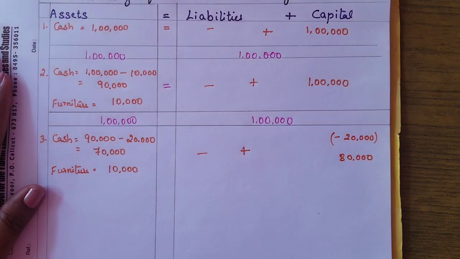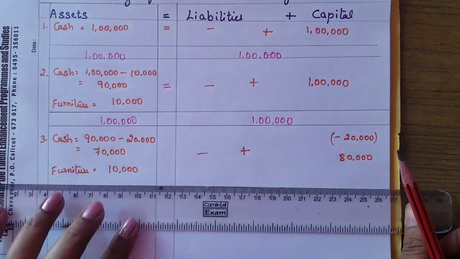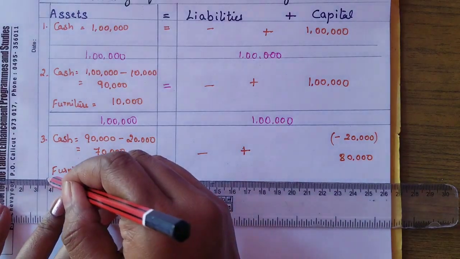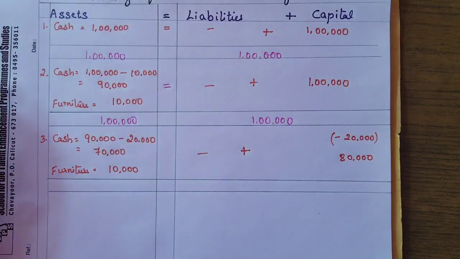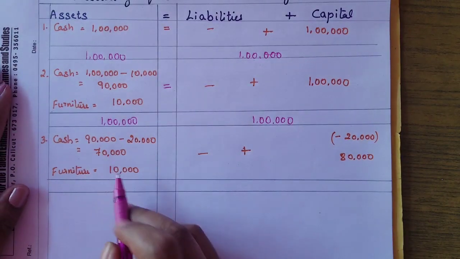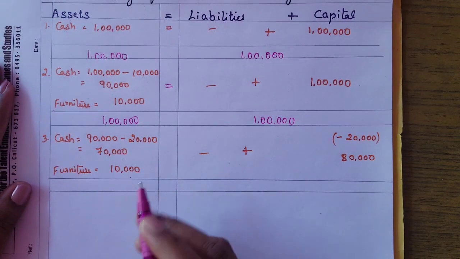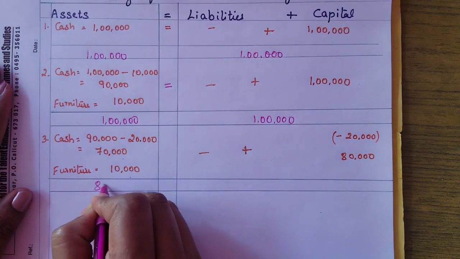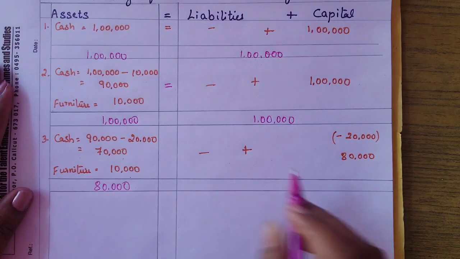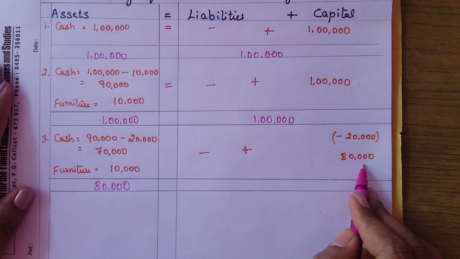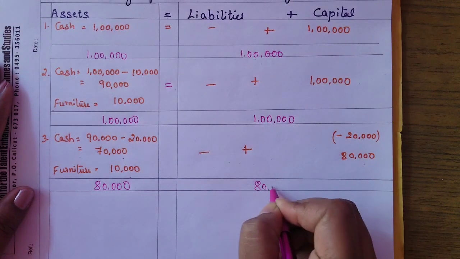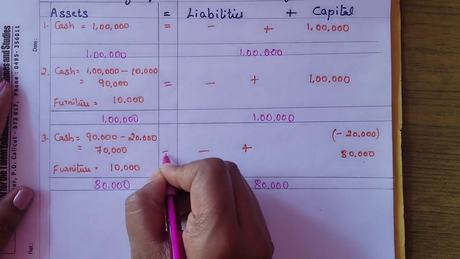So the remaining capital amount is 80,000. Got it? So here let me check the total of both the sides. On the asset side, 70,000 plus 10,000 becomes 80,000. And here no liability, and the remaining capital is 80,000. Both the sides are equal.